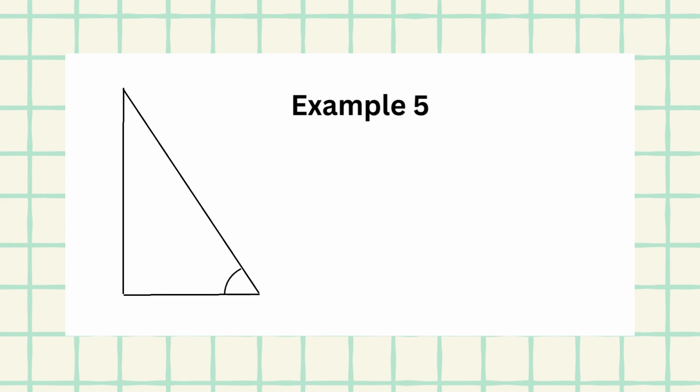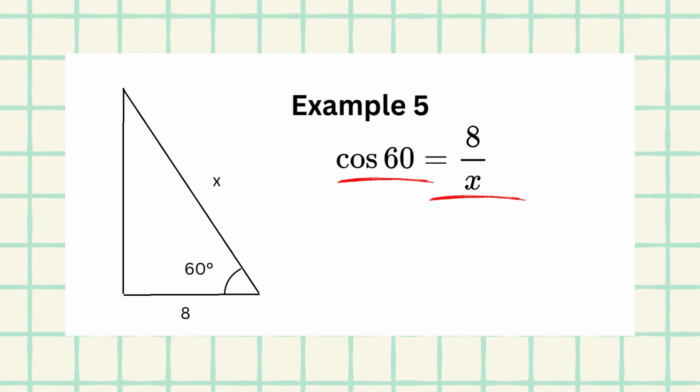In this example, let's use cosine. I have my unknown hypotenuse, which is x, my adjacent, which is 8, and my angle is 60 degrees. Let's set it out so we know it's cosine. So we write cos 60 degrees equals 8 over x. Let's use the same knowledge as we did in algebraic fractions. We have the denominator times the answer here. So x times cos 60. Again, bottom times top.